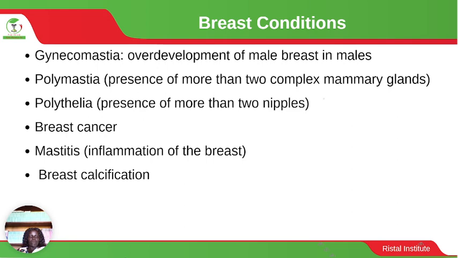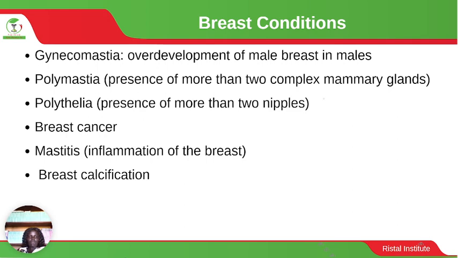Then we have breast cancer. Some humans can have abnormal division of the cells in the breast, and so they can be termed as cancerous, and because of that it can be a serious condition.